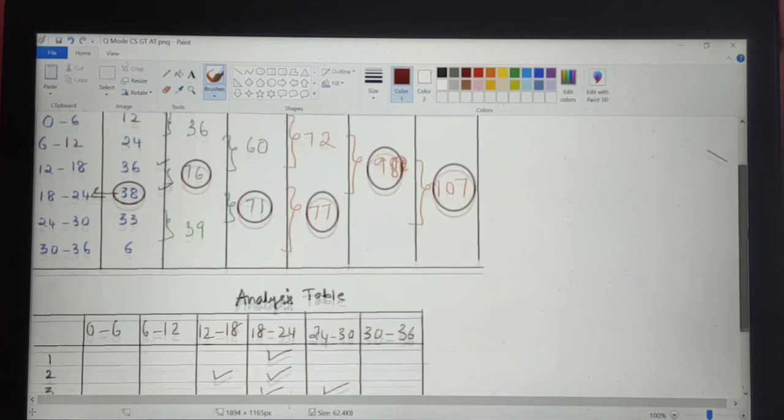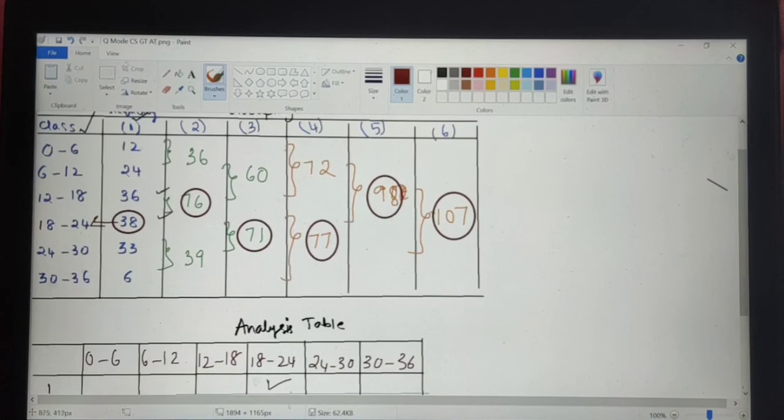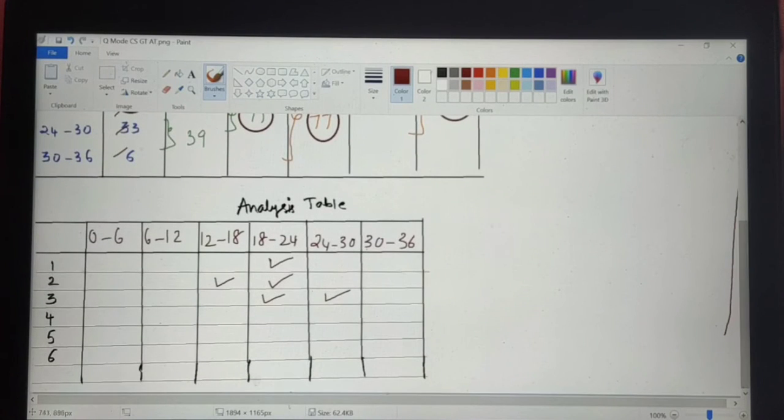Next highest number, we got 77 by adding 38, 33 and 6. All these three values, so we should tick the corresponding classes: 18 to 24, 24 to 30 and 30 to 36.